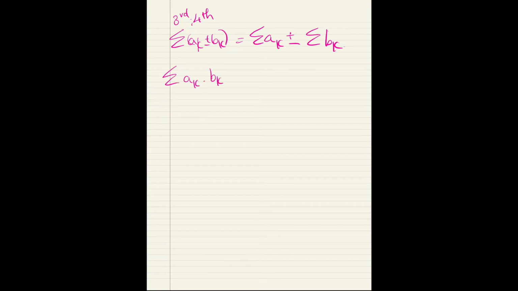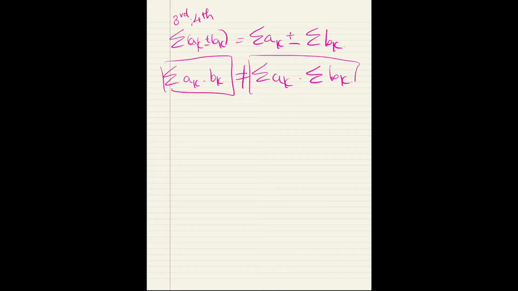From both the third and fourth properties, we can conclude that the series of ak plus bk equals the series of ak plus or minus the series of bk. But some of you may misunderstand that: the series of ak times bk is not the same as the series of ak times the series of bk. Please don't misunderstand these rules.